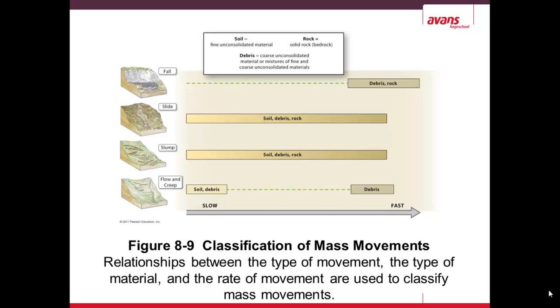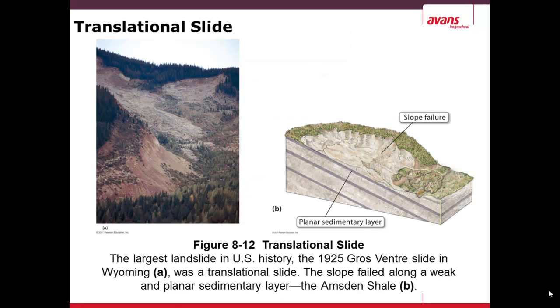It's similar to a slide, only on a less steep surface. And lastly, flows and creeps. These are normally in not very steep surfaces, and again, we'll talk about those in a moment. A translational slide, as you see here, is normally along a slope failure.